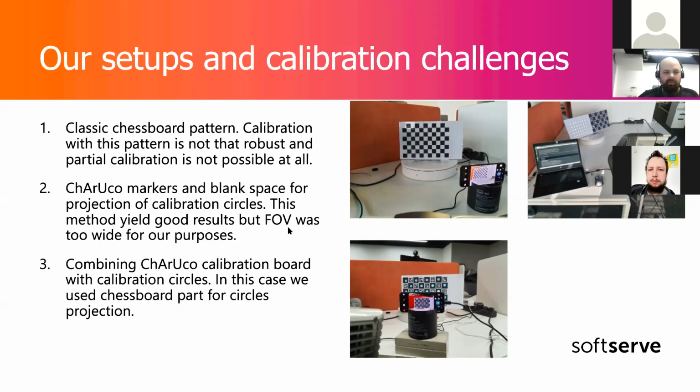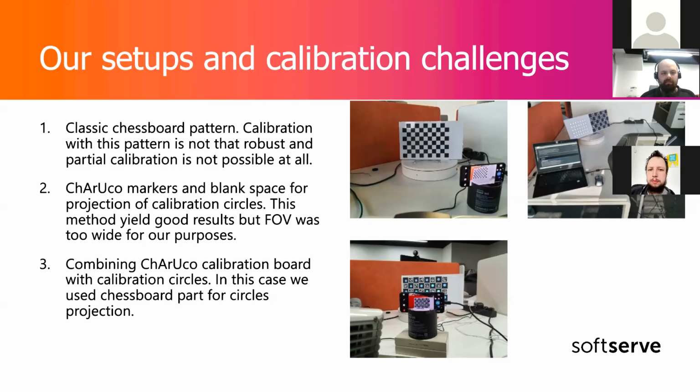For the next setup, we used Charuco markers. Those are also available in OpenCV as a standard in the calibration tools. We had the Charuco board on one part of our calibration plane, and the other part was white, to project some calibration patterns for the projector to be recognized.